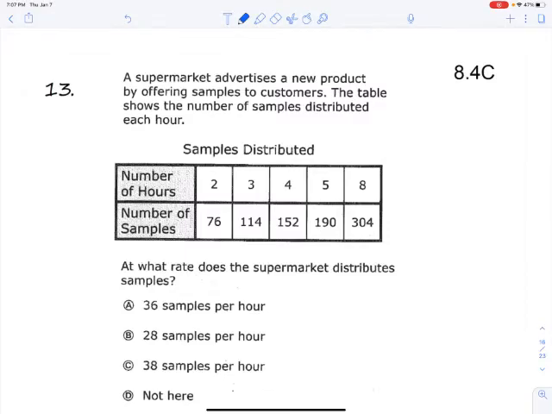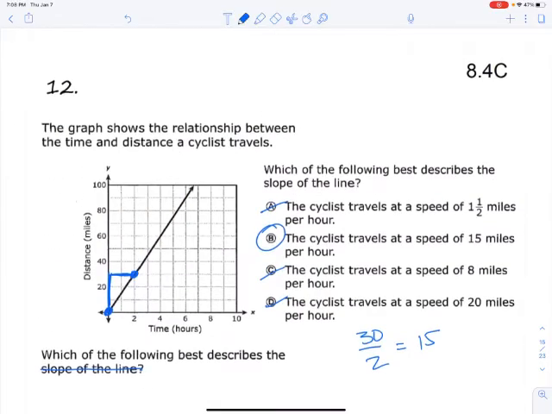A supermarket advertises a new product by offering samples to customers. The table shows the number of samples distributed each hour. At what rate does the supermarket distribute samples? Now again, when we talk about rate, all we're really talking about is slope. So when we looked at that previous problem, it said the same thing. This one talks about slope of a line, so we understand slope, rise over run.